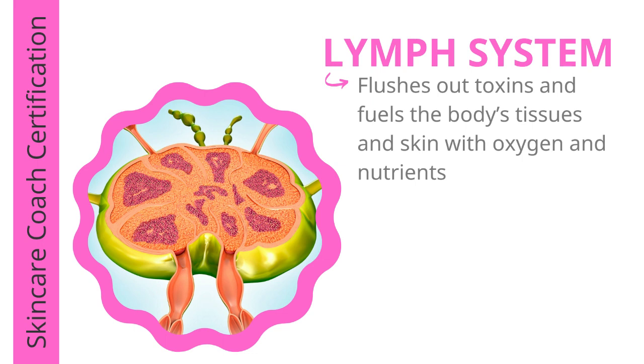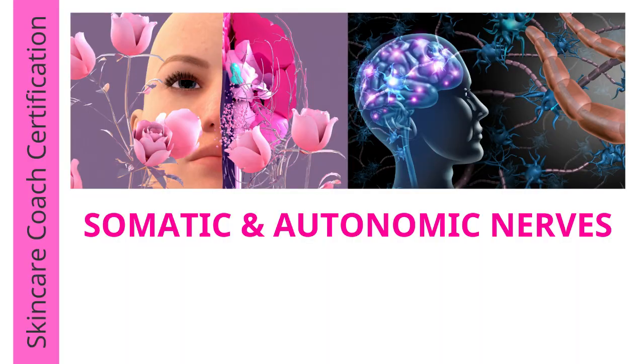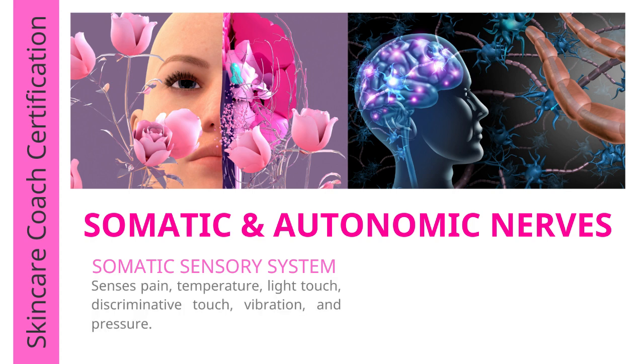The nerves of the skin include 2 types, somatic and autonomic nerves. The somatic sensory system is responsible for sensing pain, temperature, light touch, discriminative touch, vibration, and pressure.